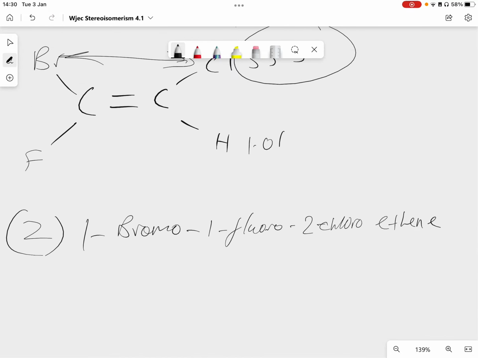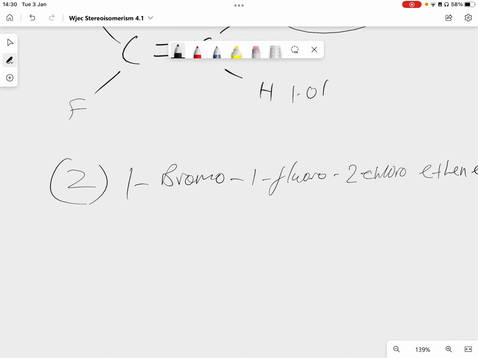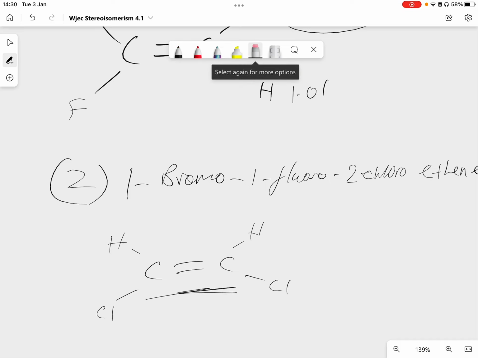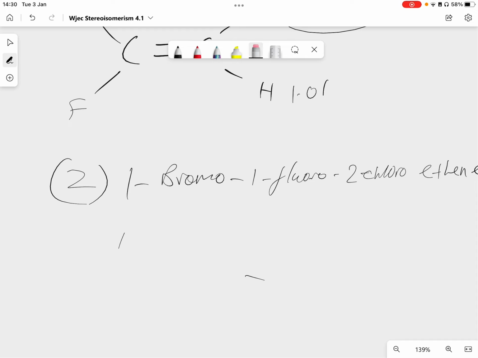And you can do this with a lot of molecules. So 1,2-dichloroethene would be another example, and it would look something like this. That would be our Z isomer, because they're on the same side. So you can have loads of molecules like that, and that's just up to the examiner's questions.